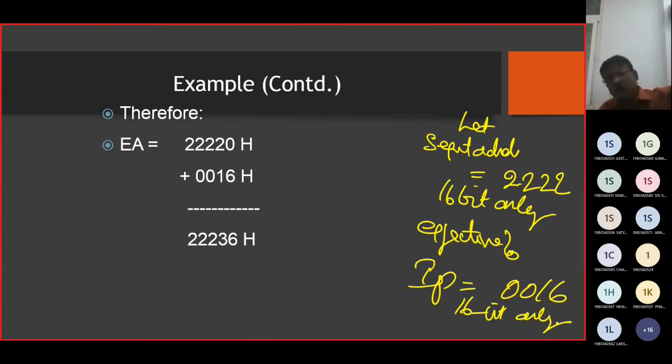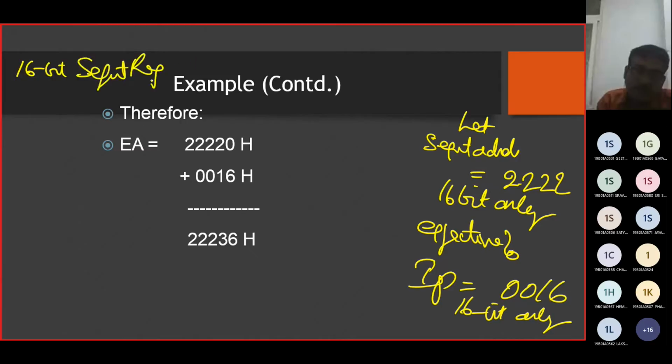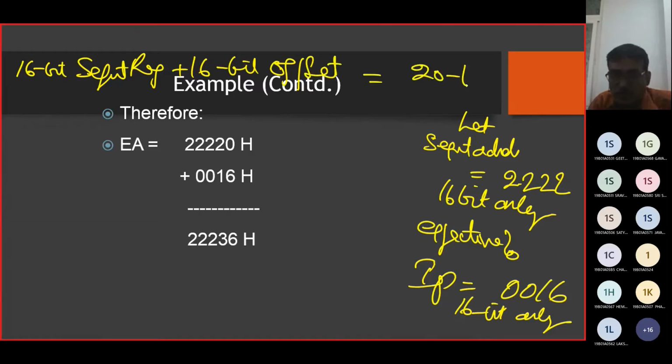Now, what was the thumb rule formula? A 16-bit segment register plus a 16-bit offset is equal to a 20-bit effective address.